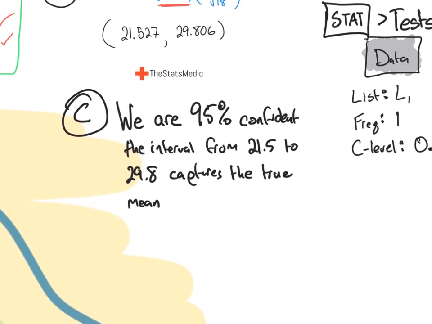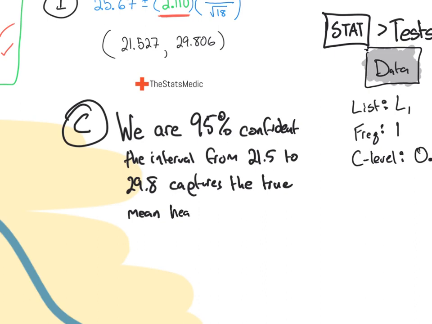Healing rate. True mean healing rate. Right? There's my context right there. But that's what it sounds like all the time. So I'm 95% confident that it captures the true mean healing rate.